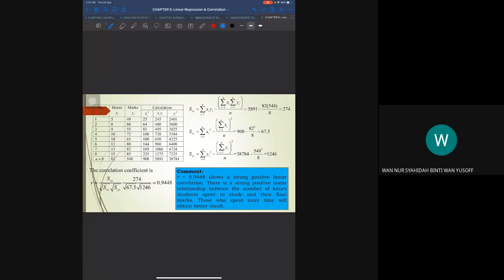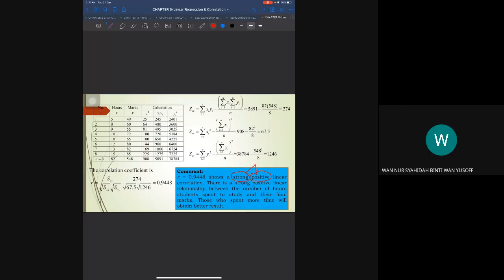Okay, so in this example, how do we interpret the correlation coefficient? There must be two things in your interpretation: the first one, the strength, and the second one, the direction. These two must be there, if not you will lose your marks here. These two characteristics must be in your interpretation.